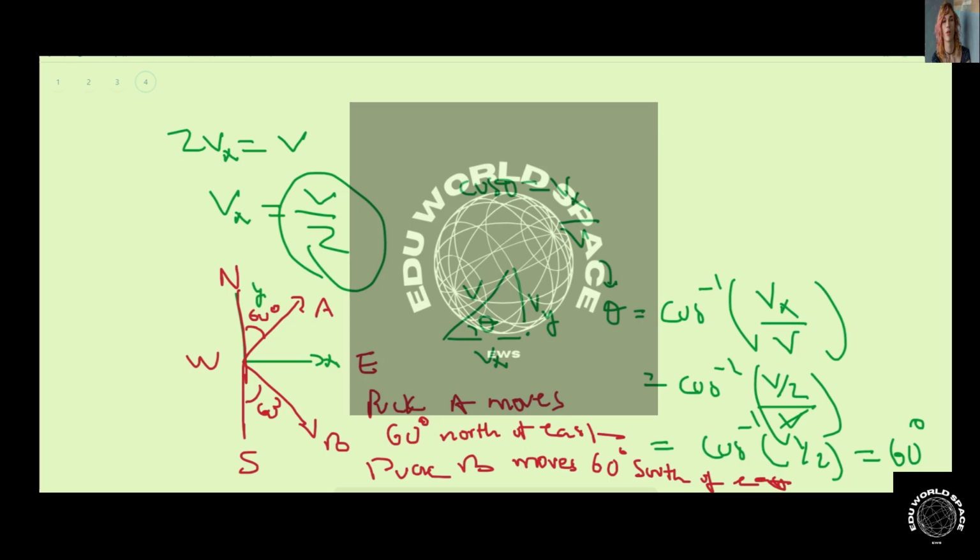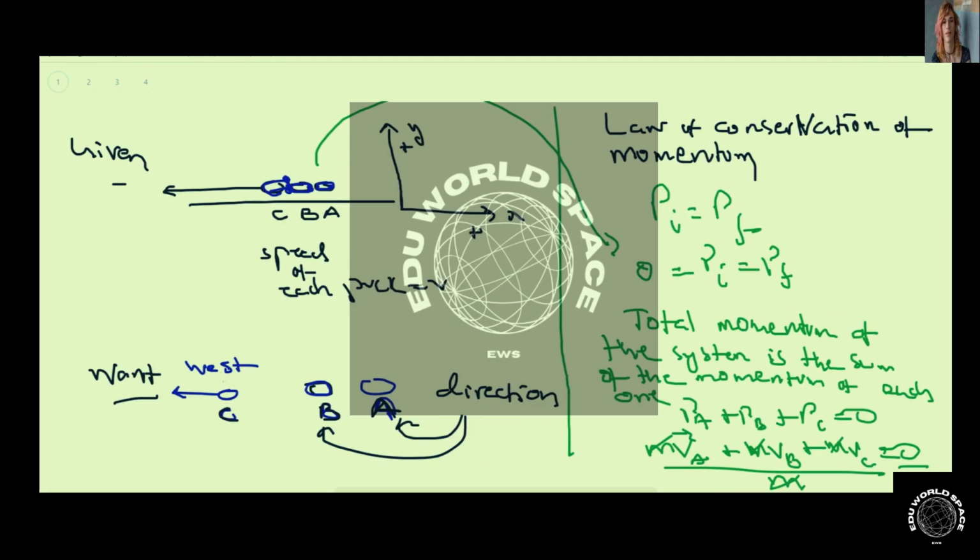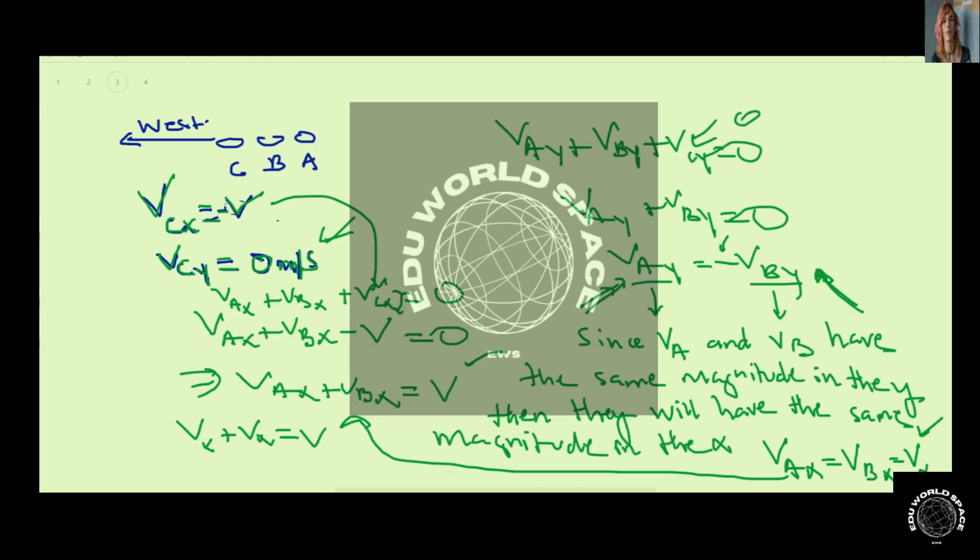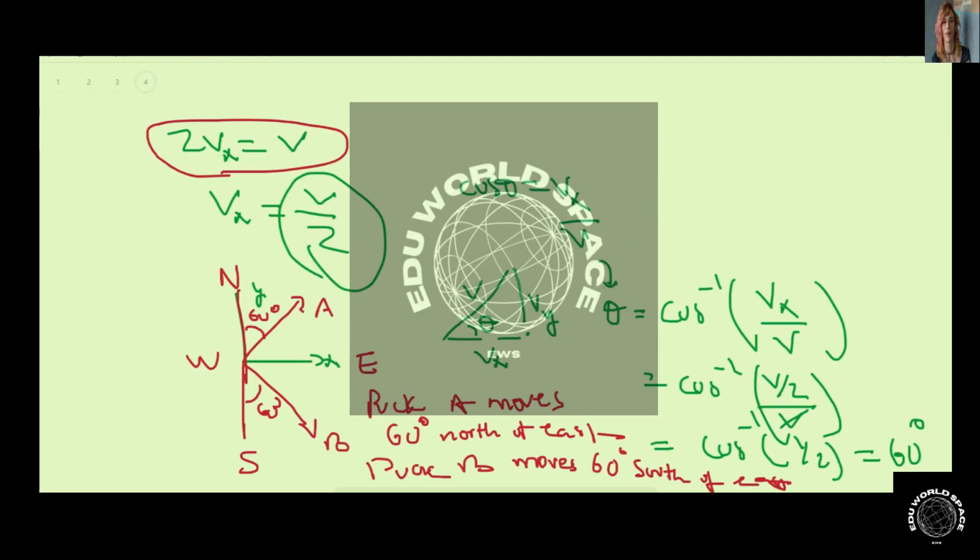And then finally, we're able to show that 2Vx equals V, and the reason for that is you're replacing Vx for these two right here. This is Vx and that's Vx, so we simplify and come up with a different way of expressing Vx in terms of V. That helps us to compute the cosine of theta in terms of Vx over V. We replace Vx by V over 2, and then that's cos inverse of 1/2. That gives us 60.